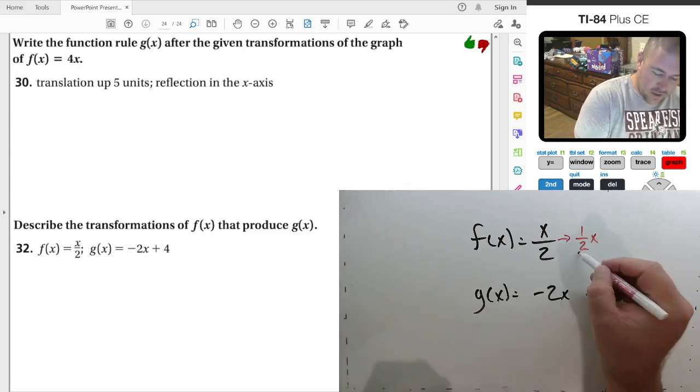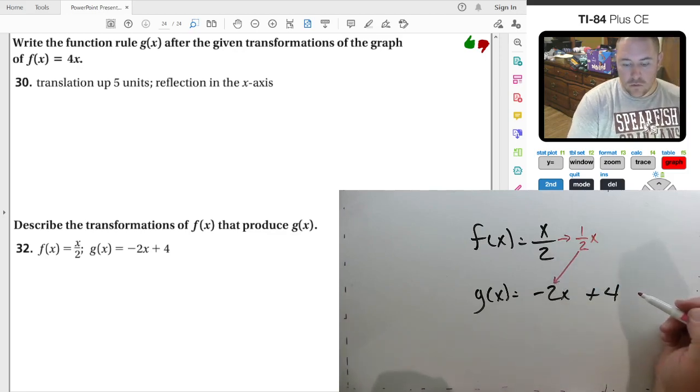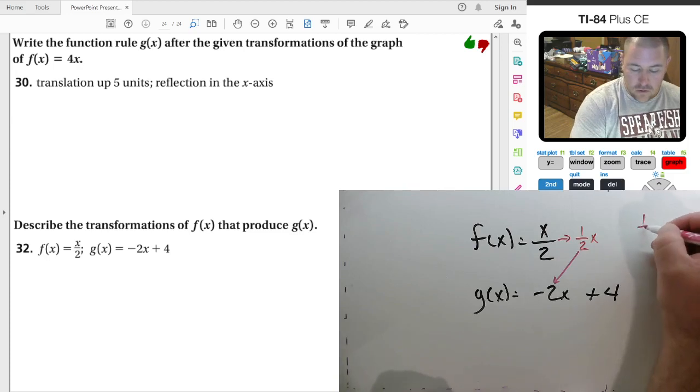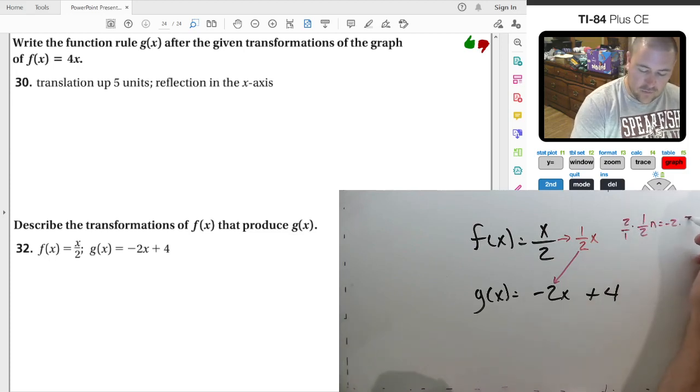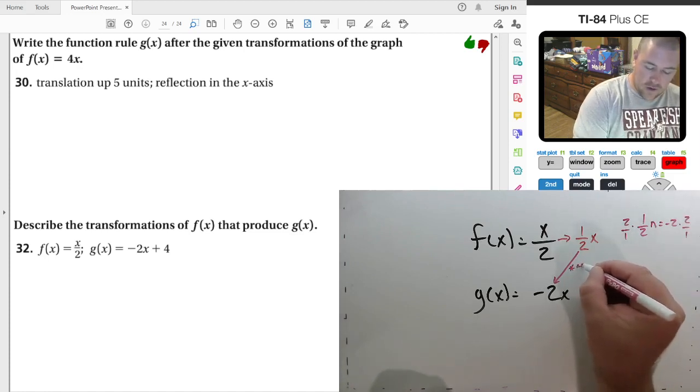So I turned a 1/2 into a negative 2. Well, 1/2 times what equals negative 2? Dividing by fractions is easy as pi. Flip the second and multiply. So I multiplied it by a negative 4.